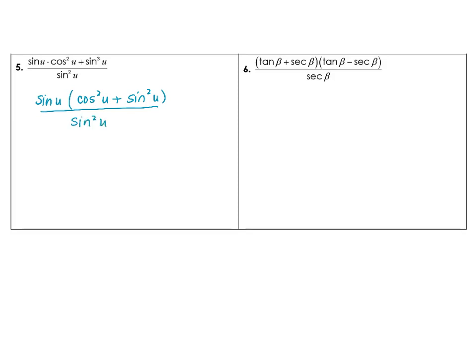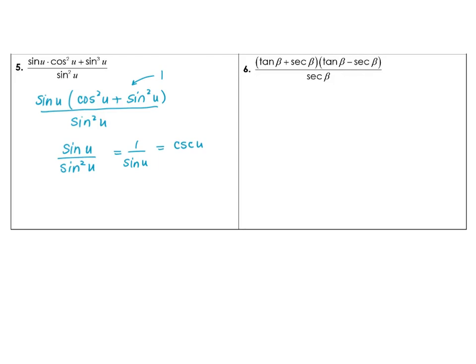And then that numerator here, that is a Pythagorean identity. All of that is equal to 1. And sine u times 1 is just sine u over sine squared u. And that's going to be 1 over sine u, which is just cosecant u.